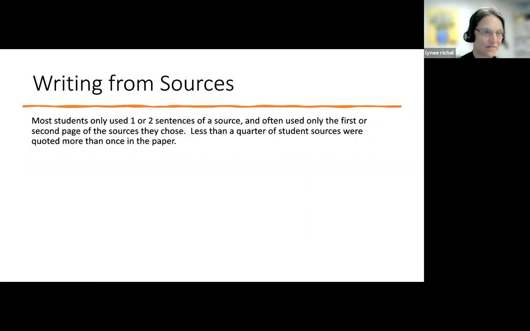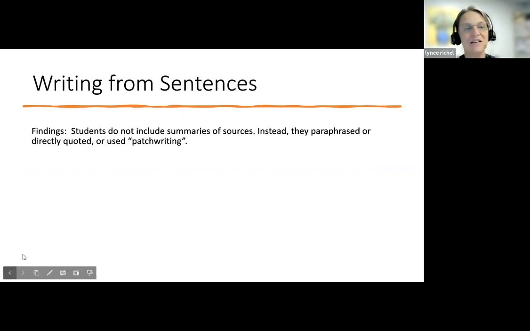So, writing from sentences, writing from sources. Most of the sources did not include a summary. Students write from a single sentence, and they usually find the zinger sentence to include.